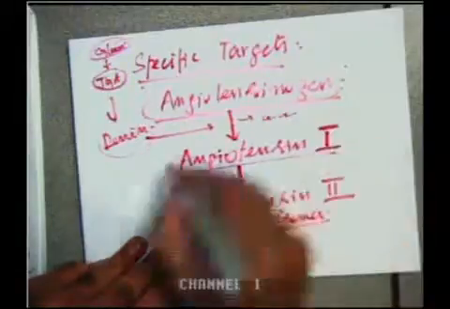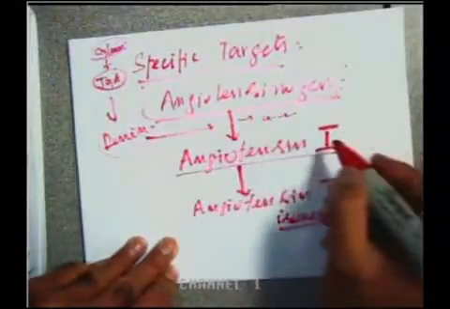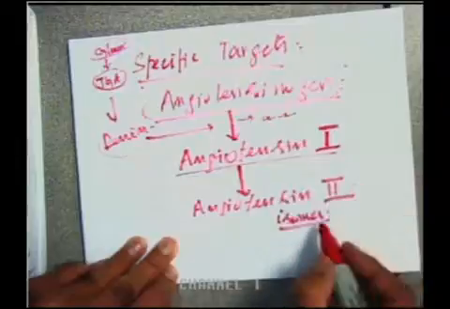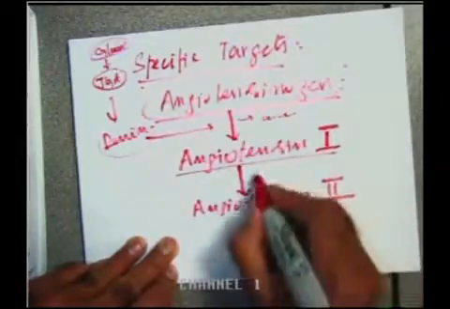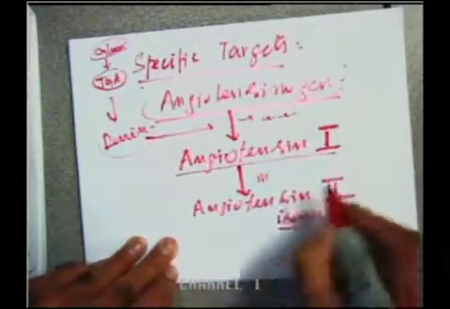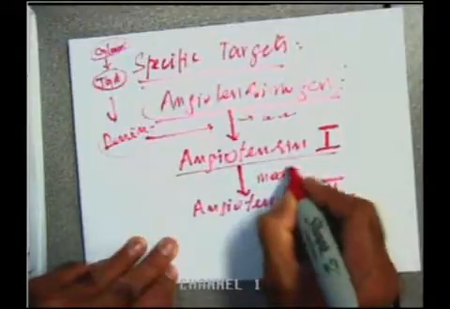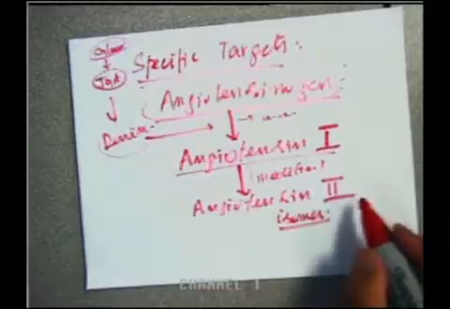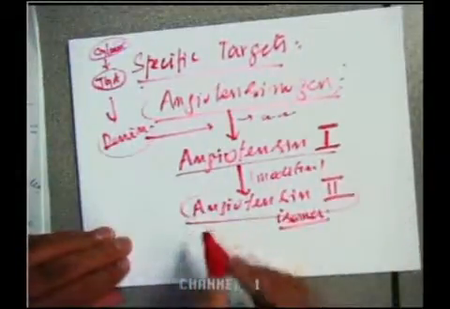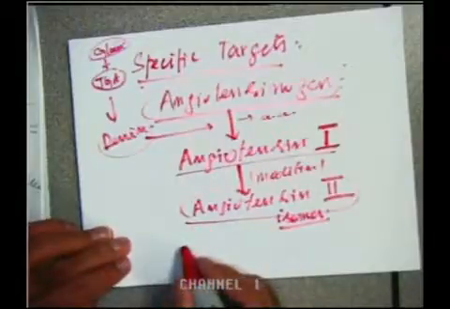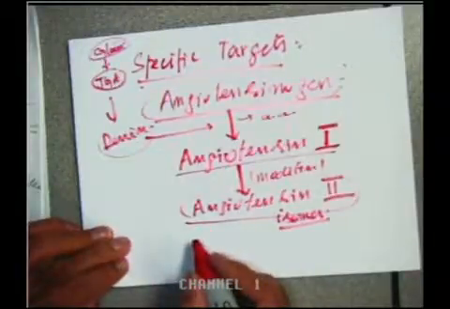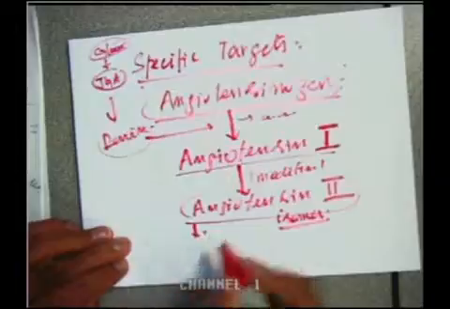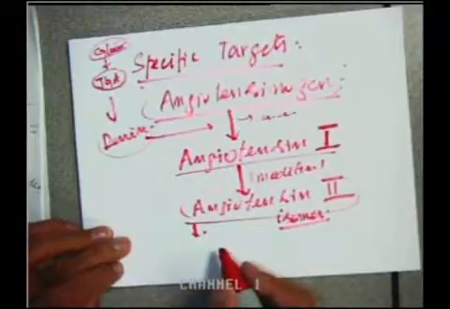Angiotensin 1 will not stay for long, but it changes its shape to another isomer, which we call angiotensin 2. It modifies or changes its structure to angiotensin 2. This angiotensin 2 now goes through a kinase reaction or phosphorylation.